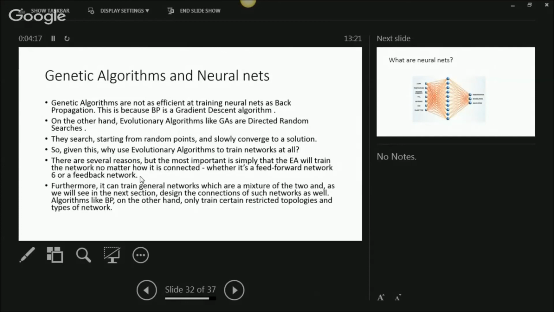Backpropagation is generally more efficient for a simple standard neural network. However, with neural networks there have been advances where you've got multi-dimensional neural networks, and we have good training algorithms for those. We can train networks that are a mixture of different connections.